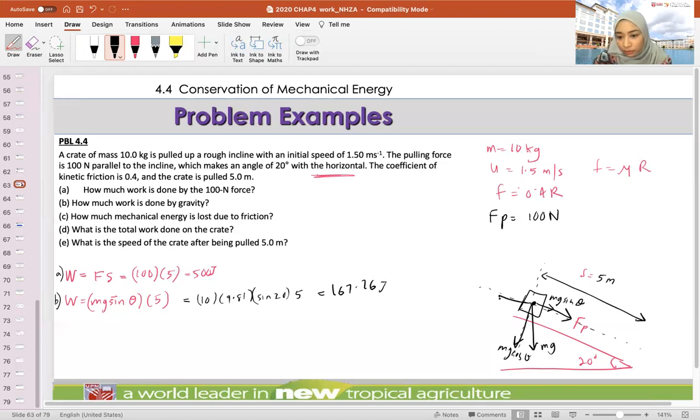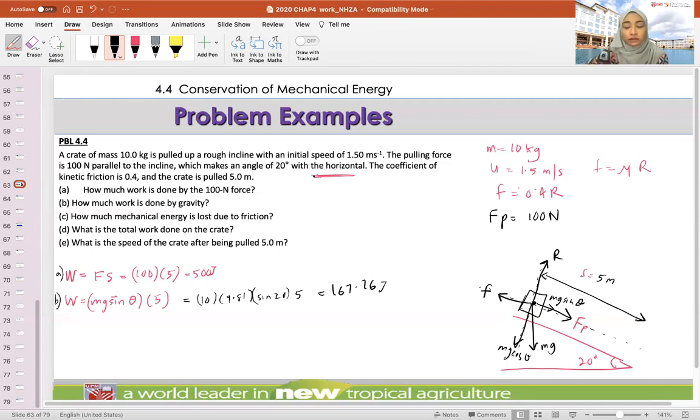How much mechanical energy is lost due to friction? We forgot about friction and about our R. Our free body diagram was incomplete, so we have R and we have friction. Can anyone guess what R is here? Or should I write down the equations? Is this box flying?